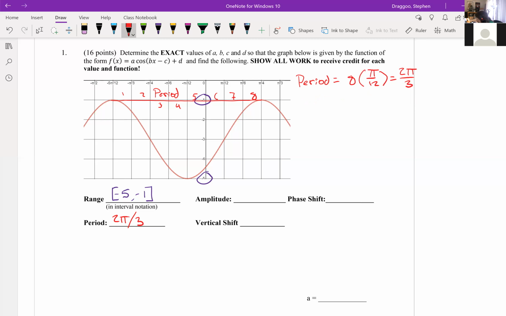Next we can get the amplitude. And that amplitude should be -1 minus -5 divided by 2, which is 4 over 2, or just 2.